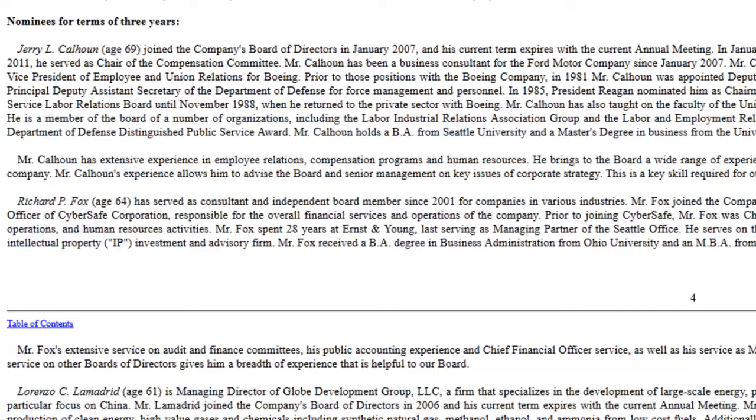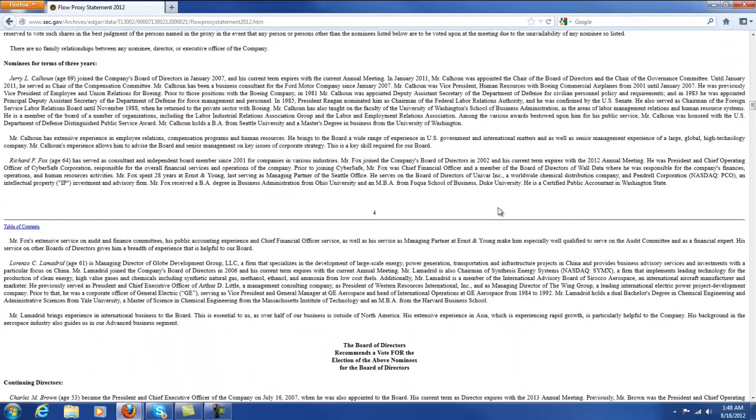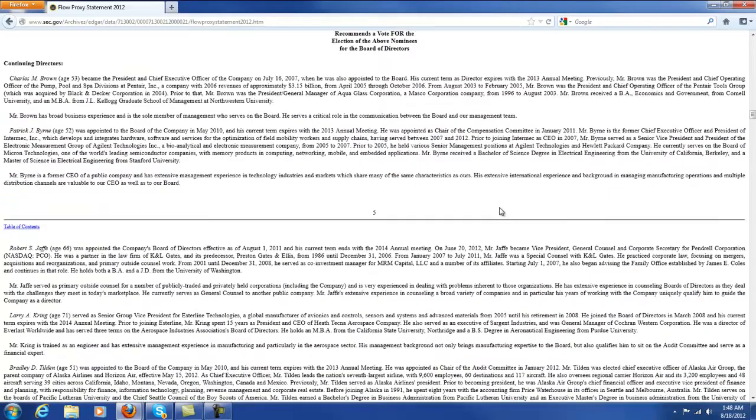You want to know if these directors are independent, and how many other boards they serve on, because if you have a director that serves on 50 different boards, well, how much time is he really going to spend serving you as a shareholder? The board of directors is supposed to represent you. So you want to know who it is that is representing you, and how many different boards of other companies they serve on.